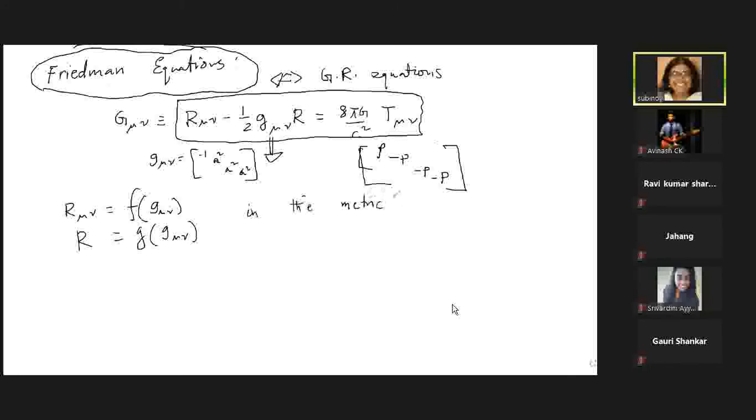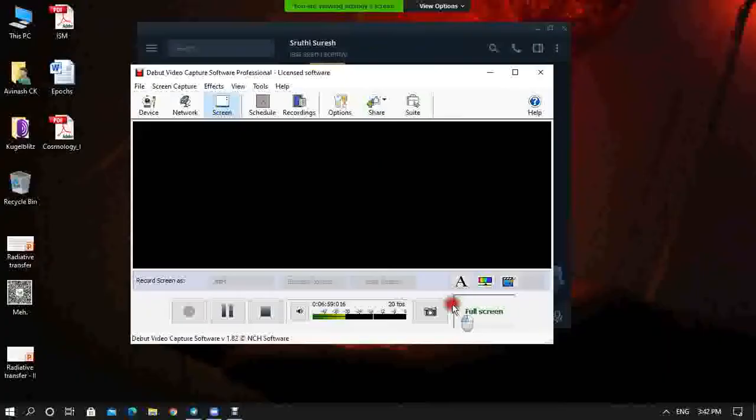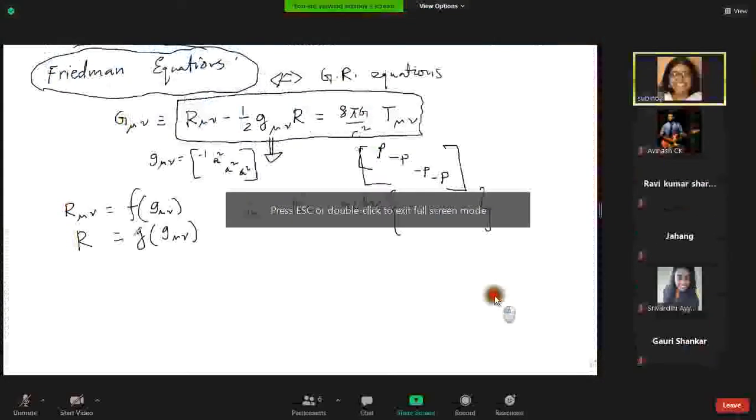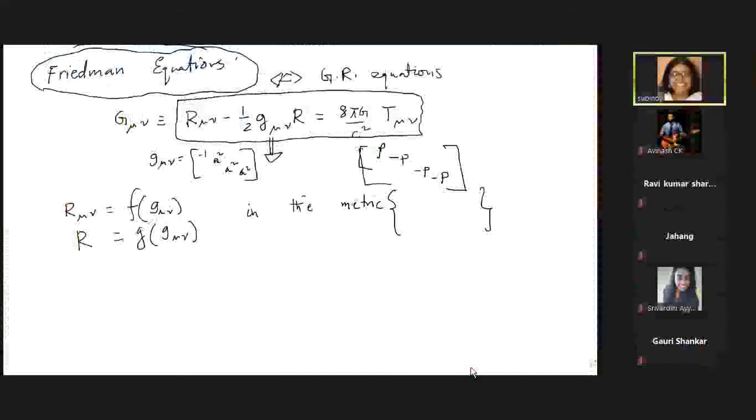Can you tell me what are the two things in the metric which we don't know, which will be functions here? I am not telling you it's the GR equations with many differential equations, but there are only two unknowns. One is a(t), another is k, if we keep k non-zero. There is no third unknown in the metric. You remember? Yes or no?